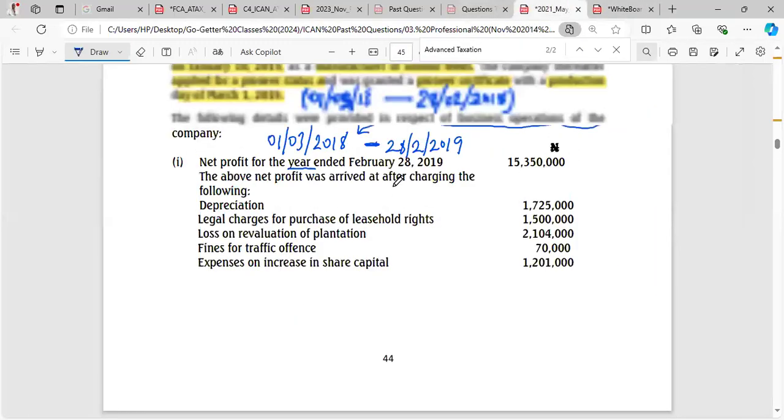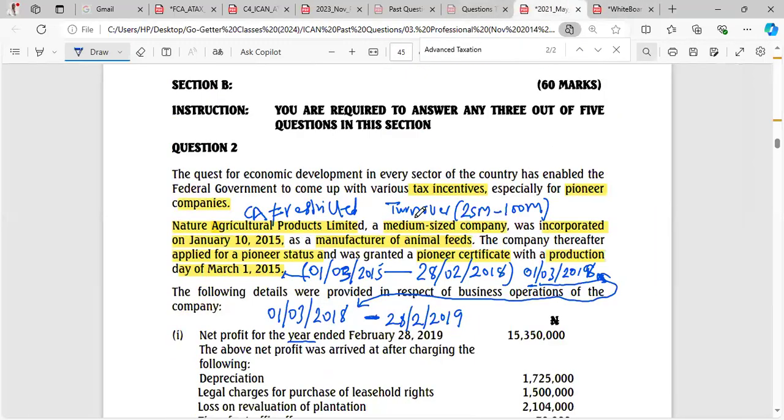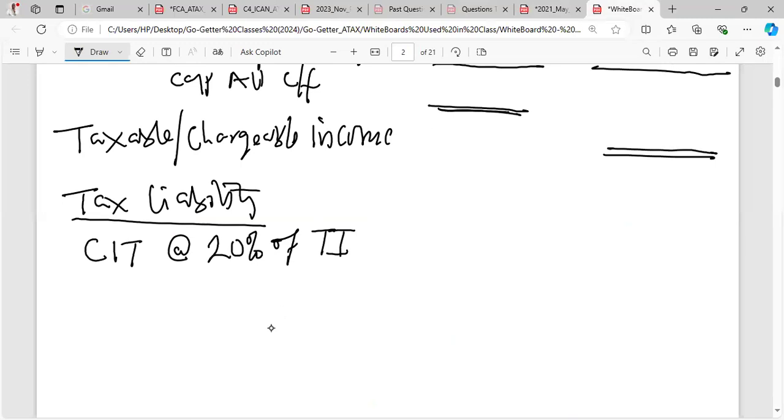This is because we were told that it is a medium-sized company and the tax is 20%. Then tertiary education tax at 2.5%?